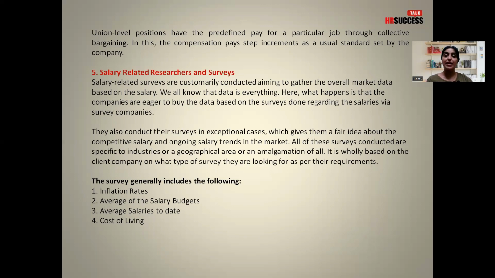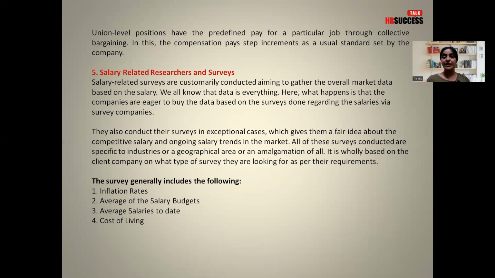Here what happens is that the companies are eager to buy the data based on the surveys done regarding the salaries via survey companies. They also conduct their own surveys in exceptional cases, which gives them a fair idea about the competitive salary and ongoing salary trends in the market.